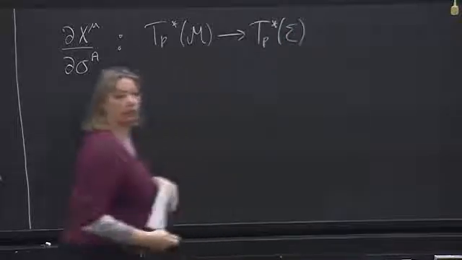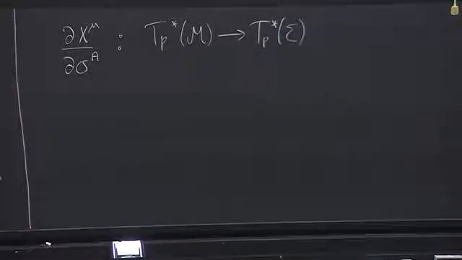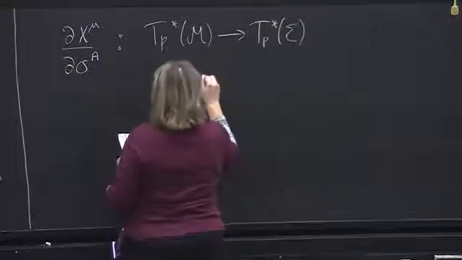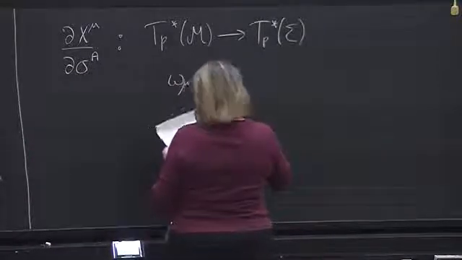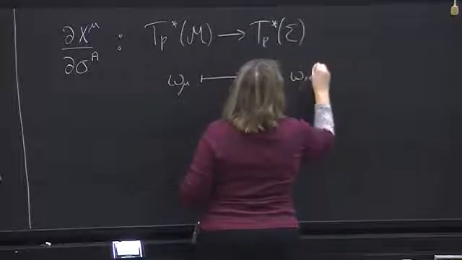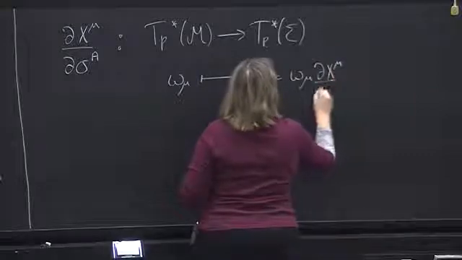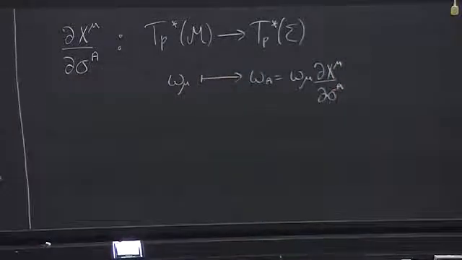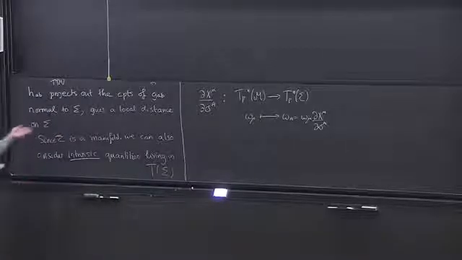This is the pullback map, such that a one form of the manifold can not only be projected parallel to sigma, but in this case it's actually knocked down into the cotangent space of sigma.